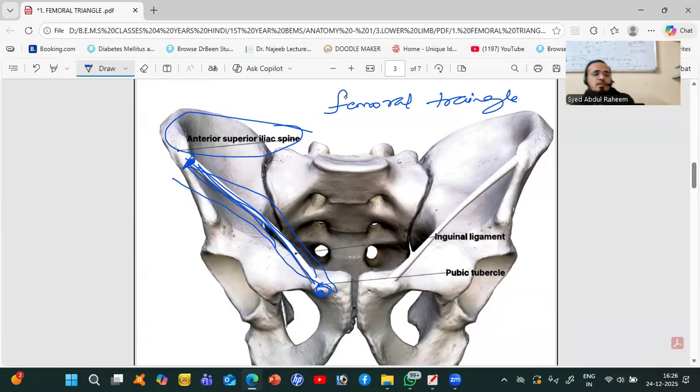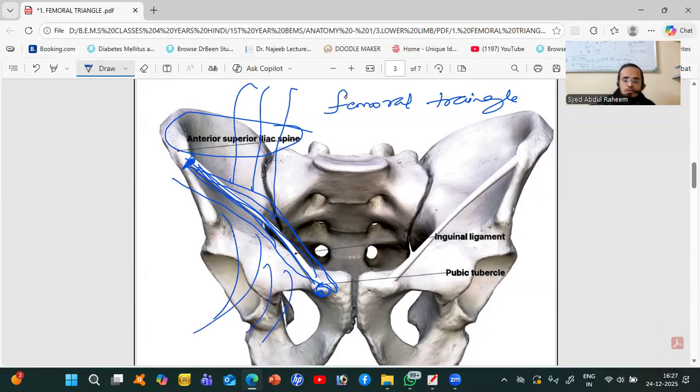Some muscles come from the upper side, the abdominal muscles, and those are connected with the inguinal ligament. Some of the muscles arise from the pubic region only. So here one triangle is forming. Before that, we have to know what muscles arise from here.